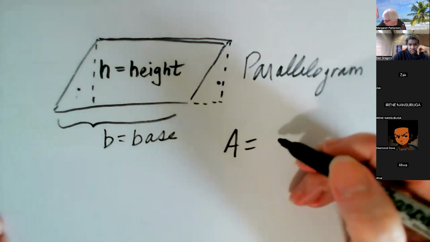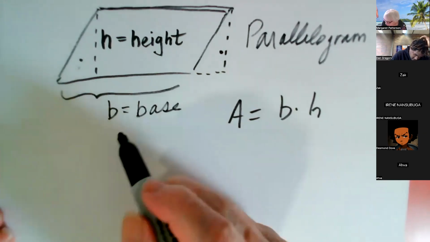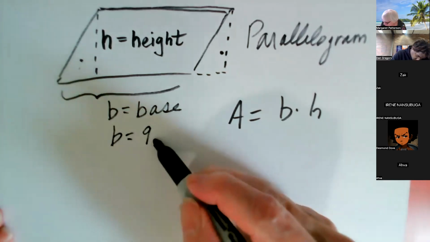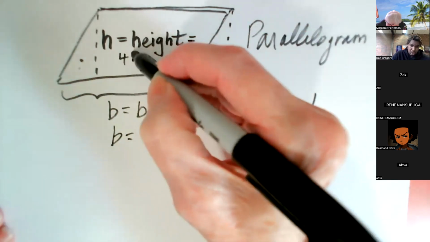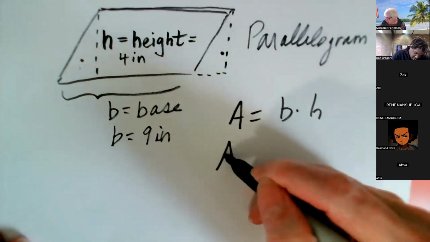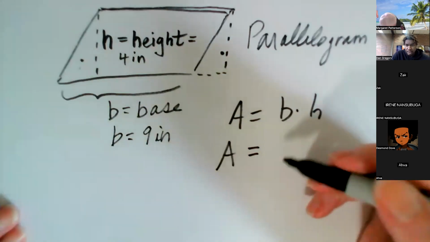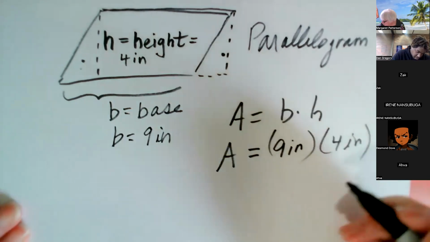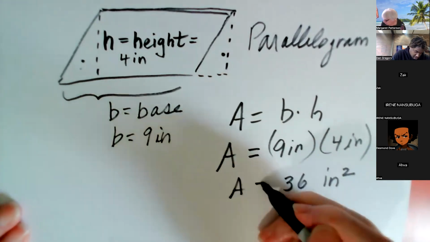So the formula is the base times the height. But let's say the base was 9 inches and the height was 4 inches. What's your area? 36. Exactly. 9 inches multiplied by 4 inches, 36 square inches area.